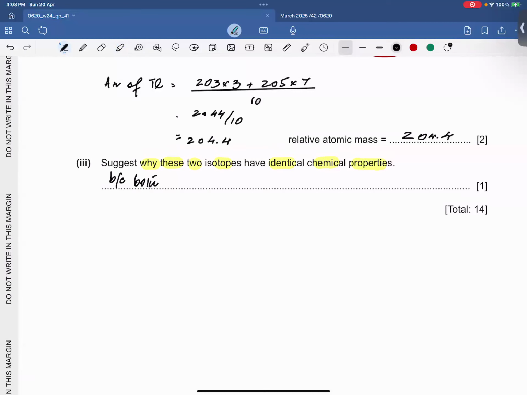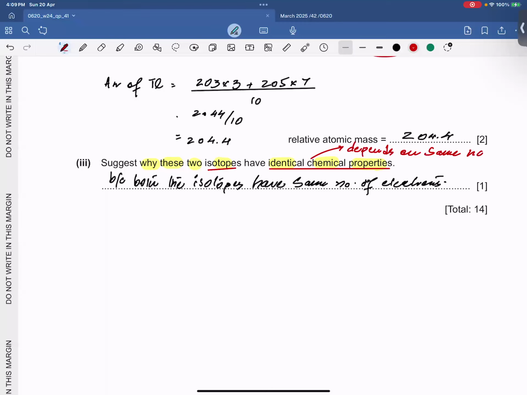Because both the isotopes have same number of electrons, so they have same chemical properties. Remember, identical chemical properties of isotopes depend on same number of electrons.